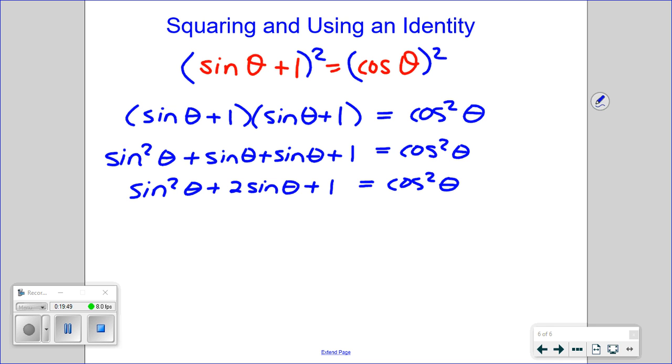Similar to what we did in the last example, we still are dealing with 2 different trig functions. If we can get it down to a single trig function, then it'll make factoring easier. So why don't we replace that cosine squared again with 1 minus sine squared?